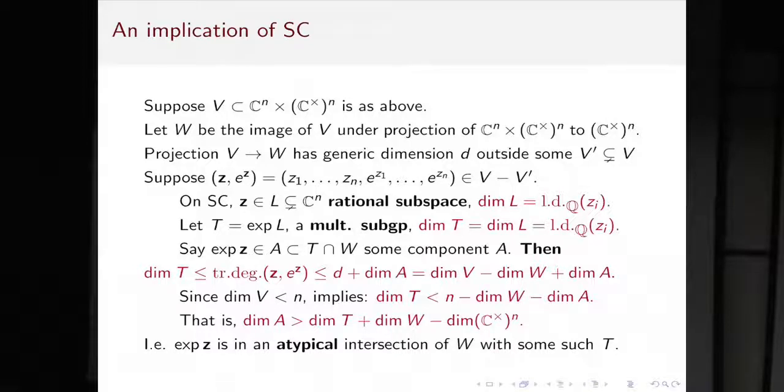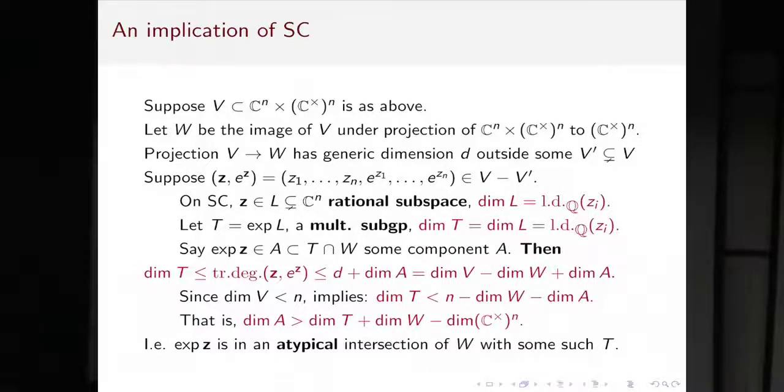So we've got a V in C cross C star to the n. And we can consider its image on the second factor. It just has a projection, which is some new algebraic subvariety now of C star to the n. And this projection has a certain generic dimension. So it has a certain dimension of the fibers outside some proper subvariety. And now we suppose we've got a tuple on that of the form z, e to the z.